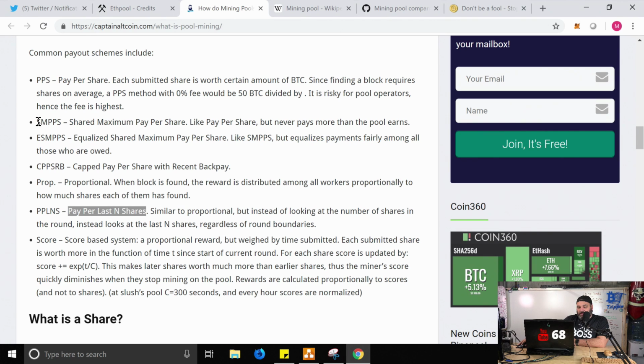I mean, the SMPPS, which just pays per share, but it wasn't on the last share, so you had a lot of people that were moving pools a lot. So it was essentially taking this, but with an extra added feature where it would never pay more than it earned.